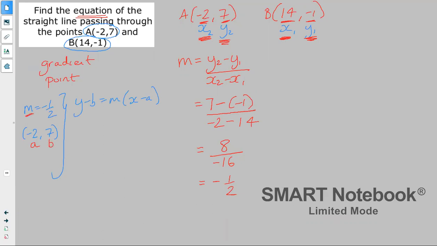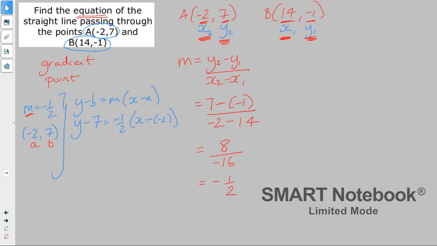And that's your m. So you're just substituting that a, b, and m into that formula there. So it's going to be y take away 7 equals -1/2 bracket x take away -2. You can multiply through by the 2 here to get rid of the fraction, or you can keep it there.